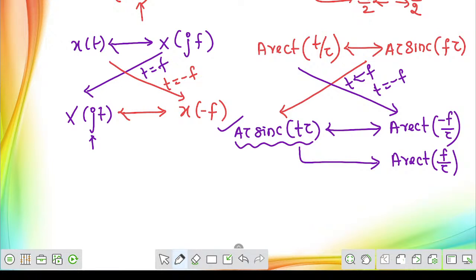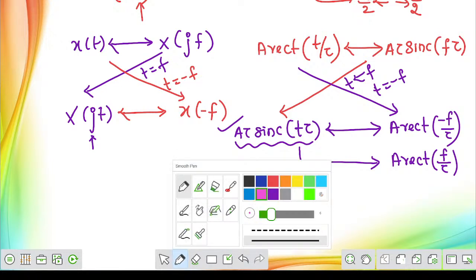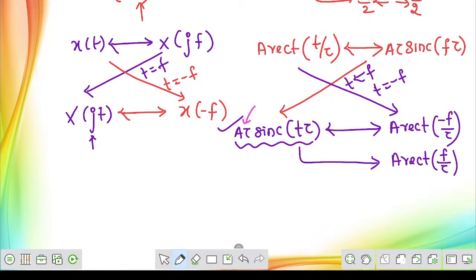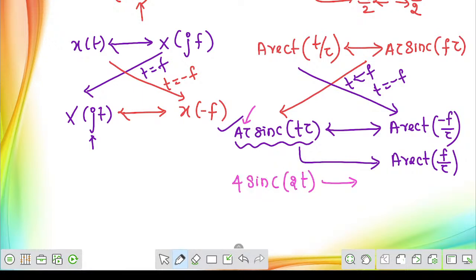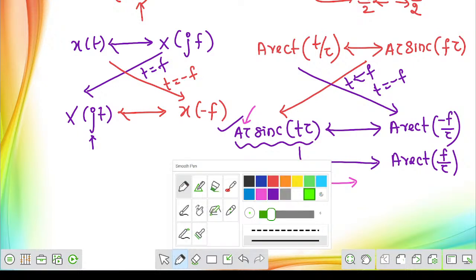So in the exam, directly what they will do is, they will replace it by certain magnitudes. For example, if it is given 4 into sinc of 2 times t, what will be its corresponding Fourier transform, sir? If it is given, first you should compare it with the standard signal. Some things are missing here. What are those?